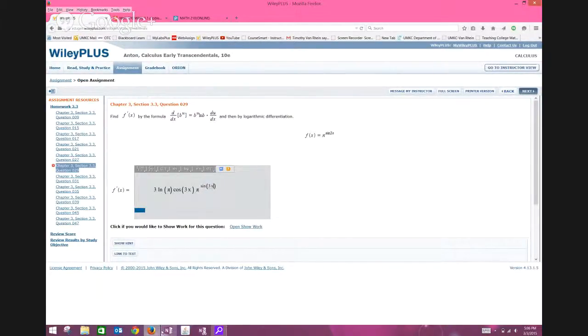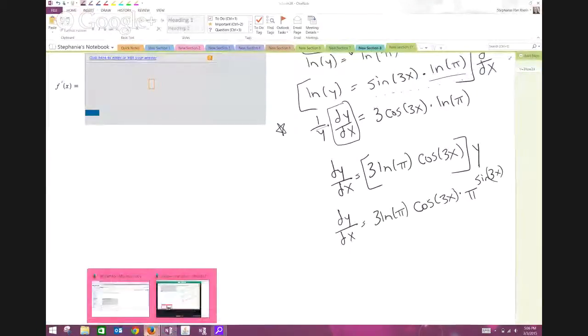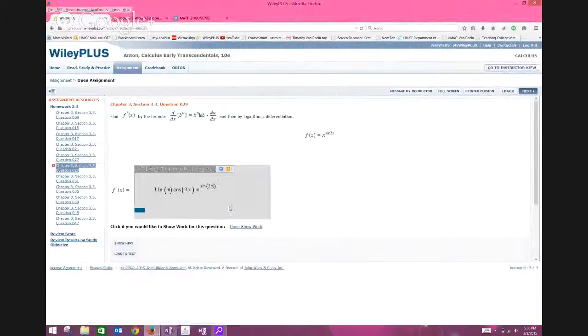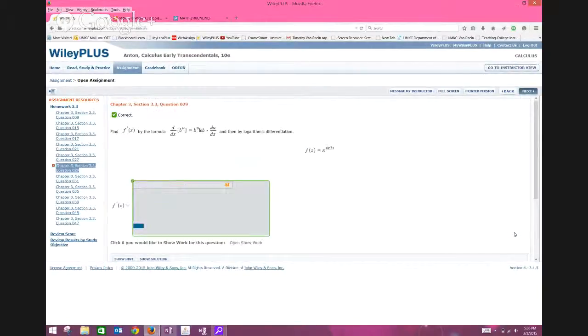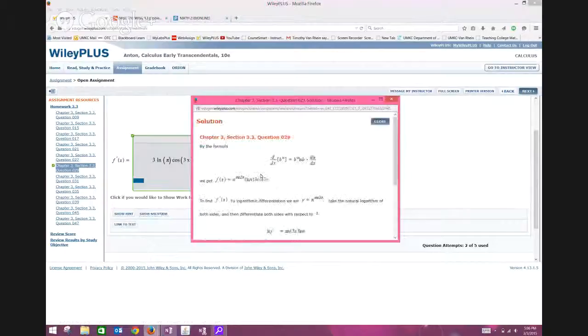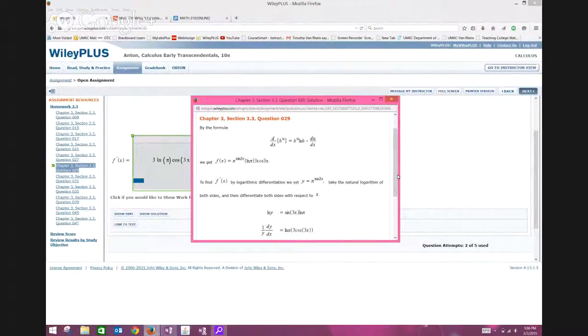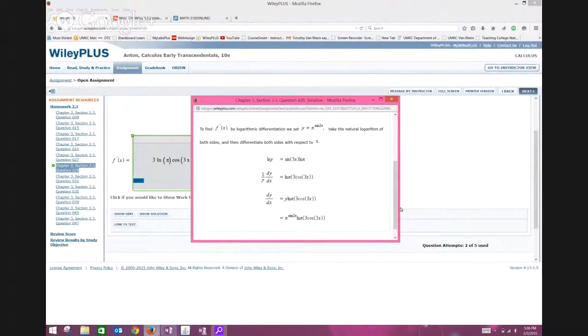So just pulling up what we had before, making sure that's the same. 3 ln pi times cosine of 3x times pi to the sine of 3x, and I can check my work here by submitting my answer. You can see that it was correct. You look down at the solution, it will walk you through what we did. We can take the log, simplify that, and solve for dy over dx.